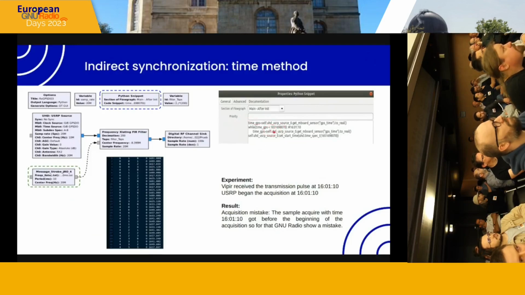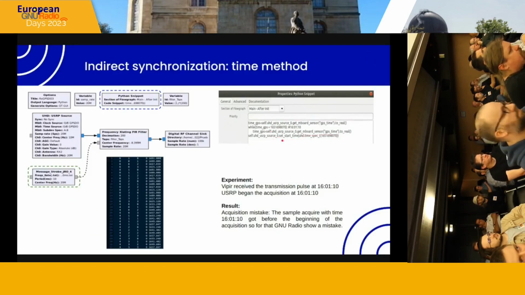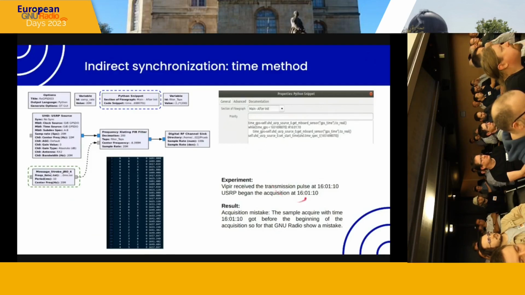But if we are after that time, we will start the reception because we know that the transmission had already started. When we did that, we saw that we had a problem: the samples acquired with the transmission time got before the beginning of the acquisition.